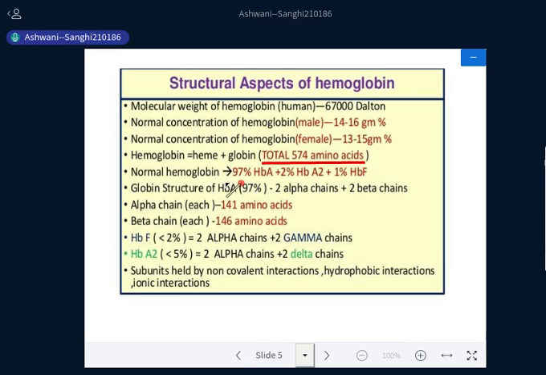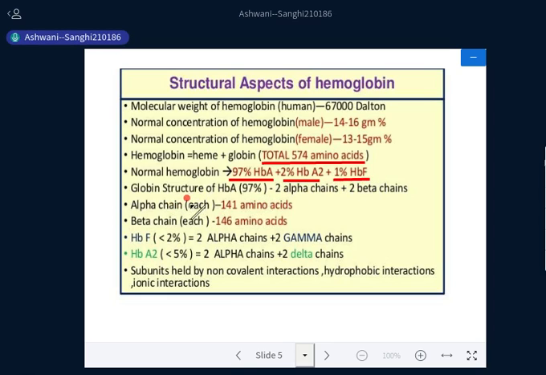The normal or major hemoglobin is HbA, which is 97% of total hemoglobin. HbA2 is up to 2%, and HbF is up to 1%.